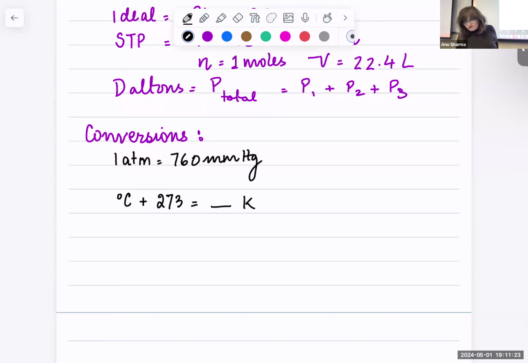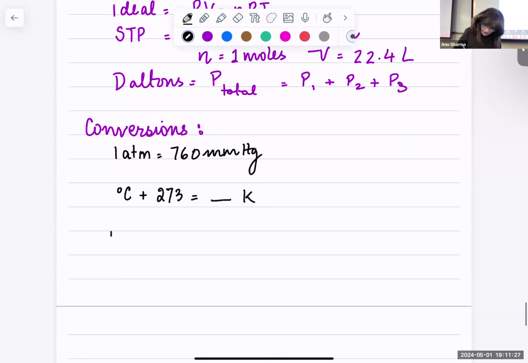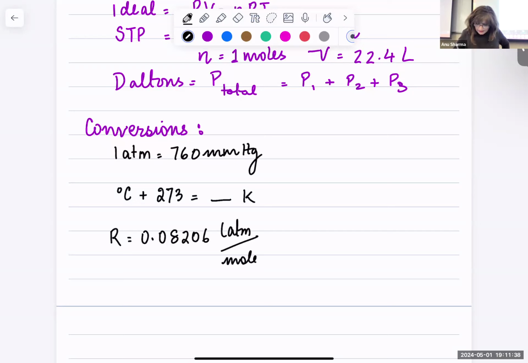And conversions, what else? Yeah, and then just make sure of the value of R. One value of R is 0.08206 liters atmosphere per mole K, right?